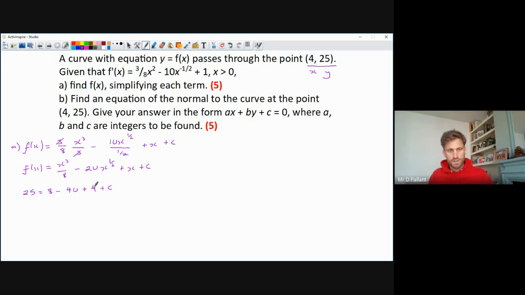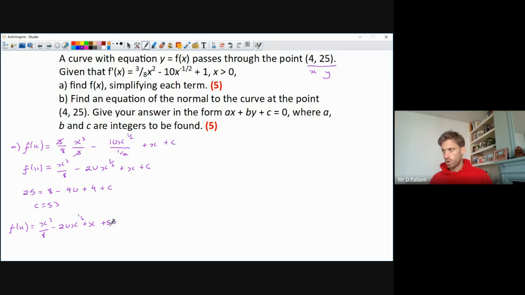So 8, 12, 12 minus 40 is minus 28, and then 25 plus 28 is 53. So the constant is 53, and so the function, which you must rewrite at the end clearly, is x cubed over 8 minus 20x to the 1/2 plus x plus 53.